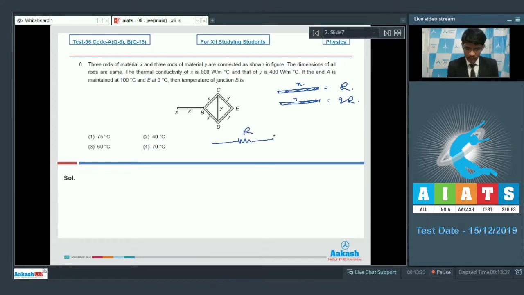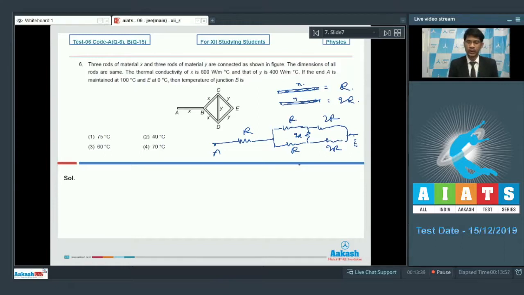This will be R, these two are R, this is 2R, and this is 2R and 2R. This point being A, this point being E.